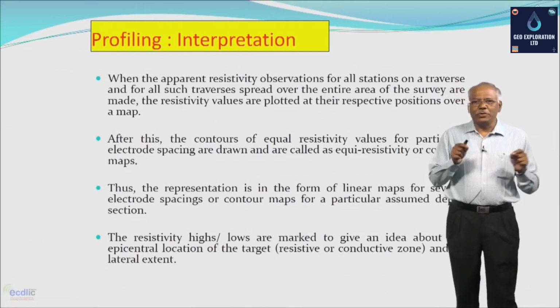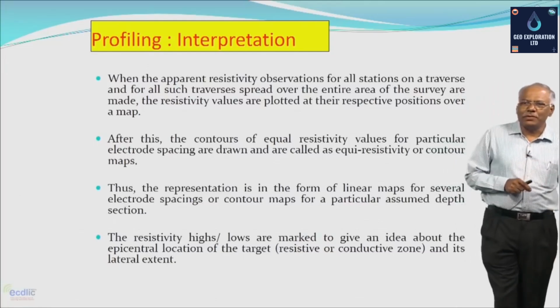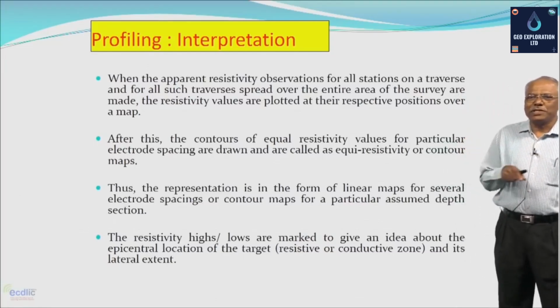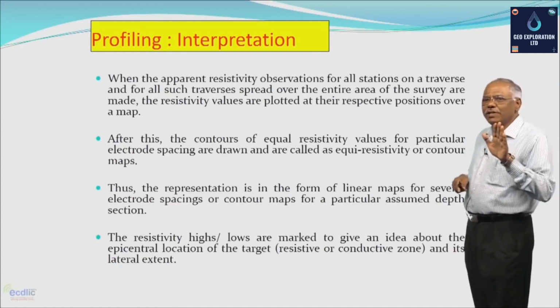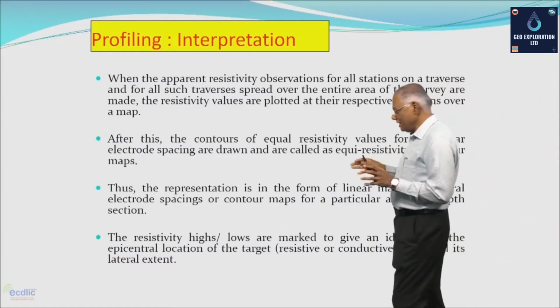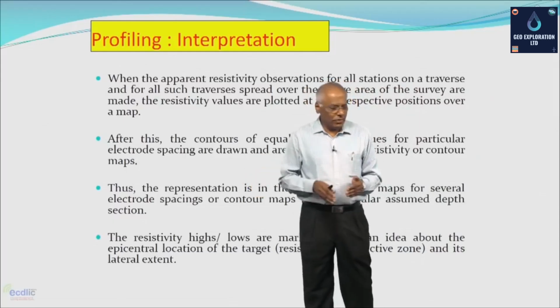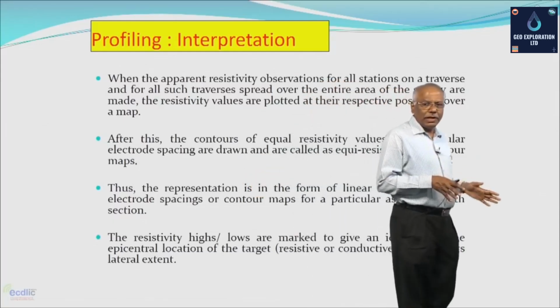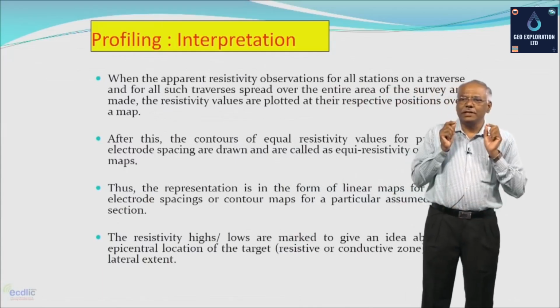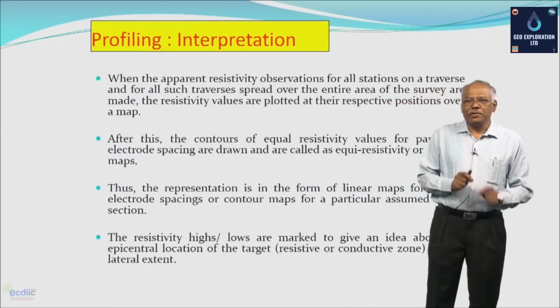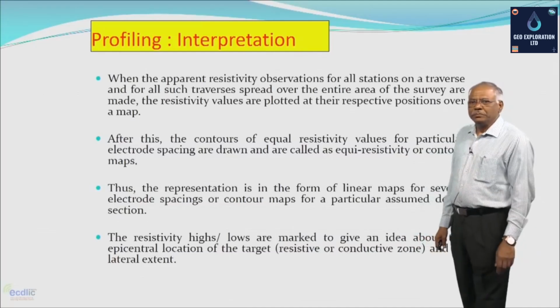After this, the contours of equal resistivity values for a particular electrode spacing are drawn and called equi-resistivity contours. These equi-resistivity contours, as I said, can give you electrical resistivity low or electrical resistivity high. Electrical resistivity low is the area which is important from the groundwater occurrence point of view.